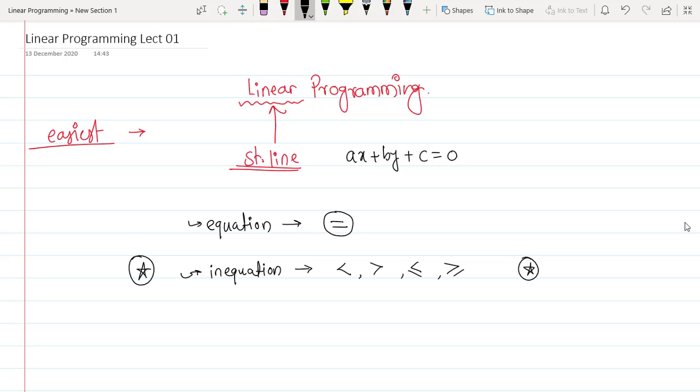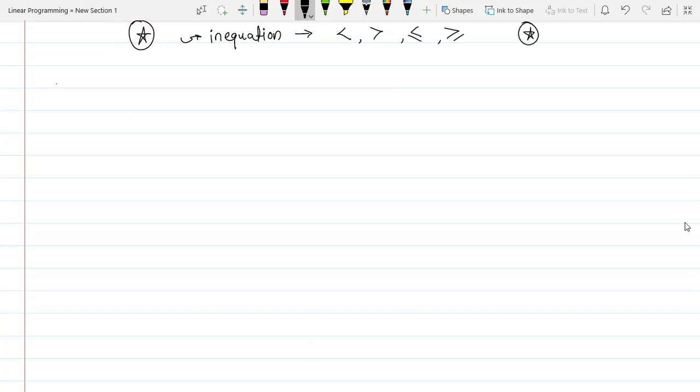Okay, so coming back to our linear equations. What is a linear equation? Let's take examples and try to understand. First equation, x equals 3. Second equation, y equals 4.